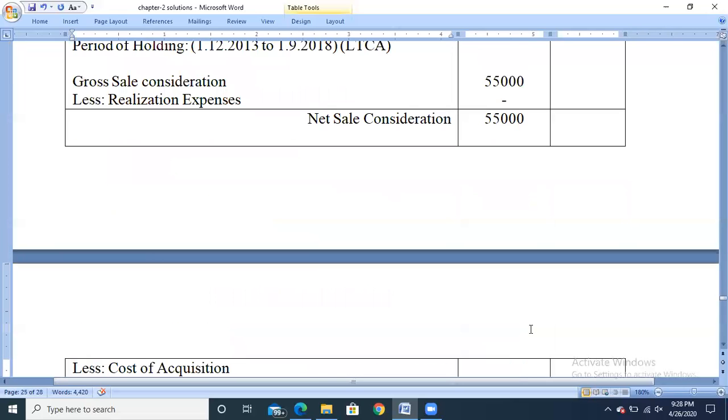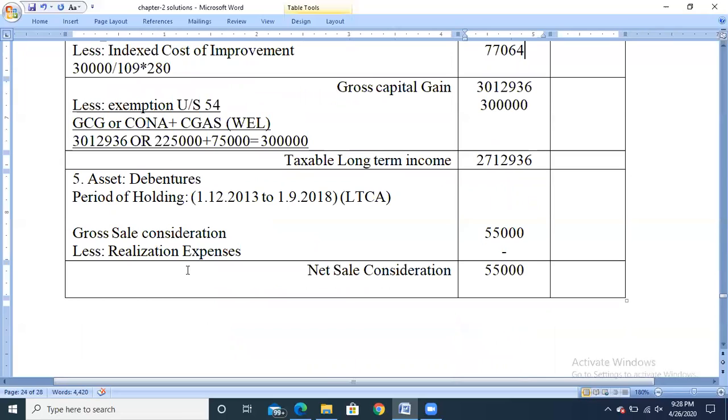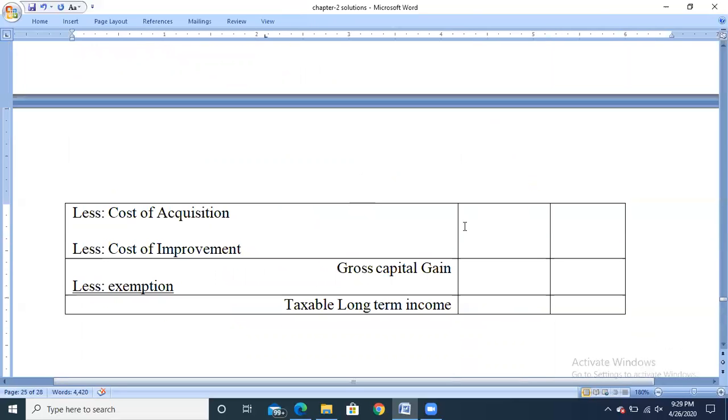And since the asset is debentures, even though it's a long-term capital asset, the index cost of acquisition will not be applicable for debentures. I'm repeating, even if it is a long-term capital asset, the index cost of acquisition will not be applicable for debentures. We only need to take the cost of acquisition.